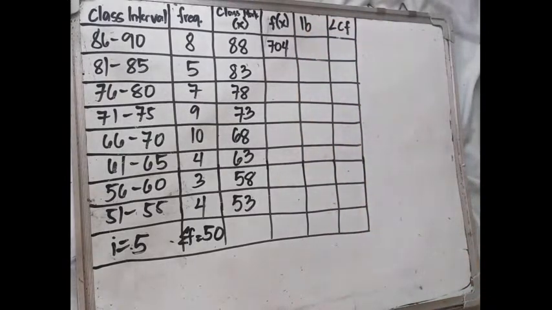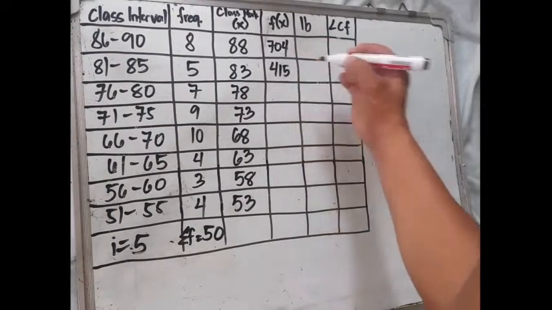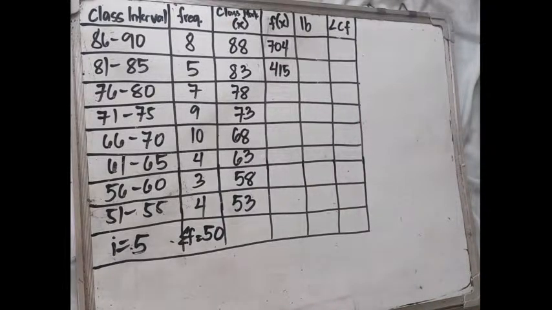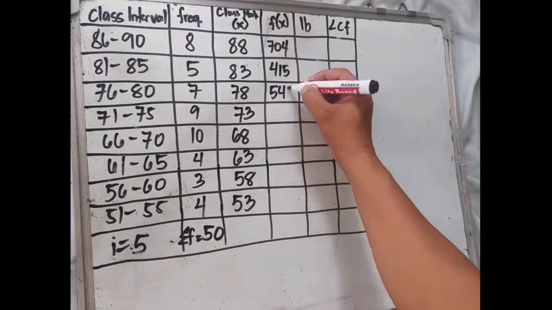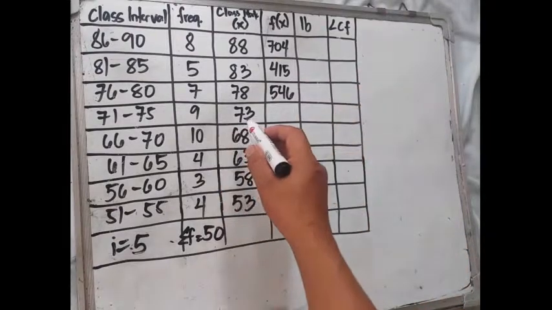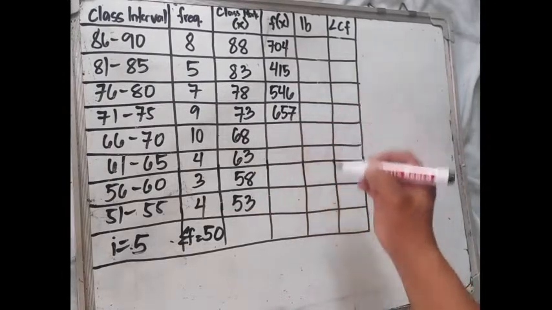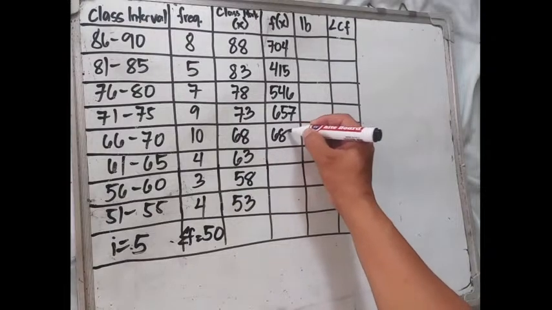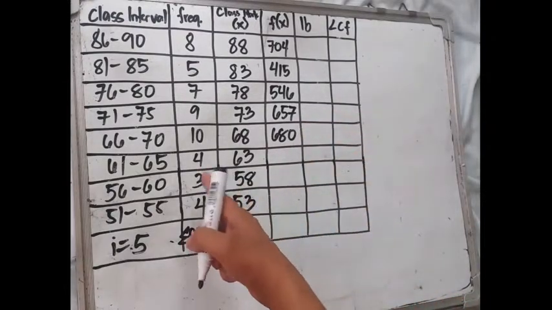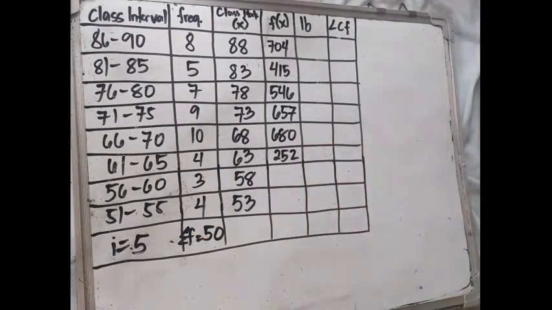Next, 5 times 83, that is 415. Next, 7 times 78, that is 546. Then 9 times 73, that is 657. Then 10 times 68, that is 680. 4 times 63, that is 252.